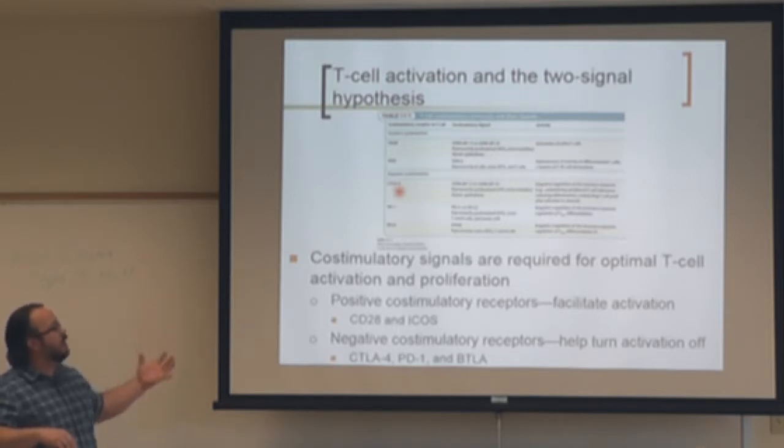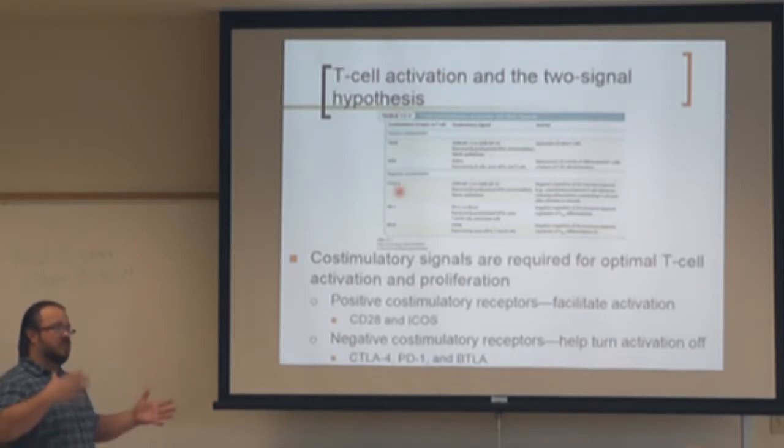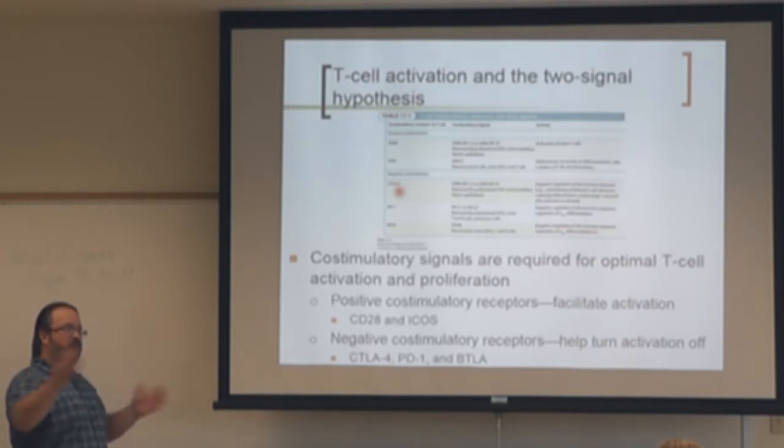And CTLA4 binds much more strongly to CD80 than CD28 does, and it outcompetes and will cause the cell to stop getting that signal. It will induce that cell to become more of an inert cell. So the state of anergy can be turned on and off as well with T cells.